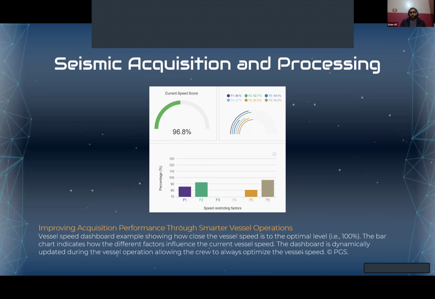So you need to understand these factors and then adjust your vessel speed. You can see here this dashboard is running with a machine learning algorithm that can understand the effect of each of these elements and then adjust the speed to the optimal level. This is an actual case presented by BGS.